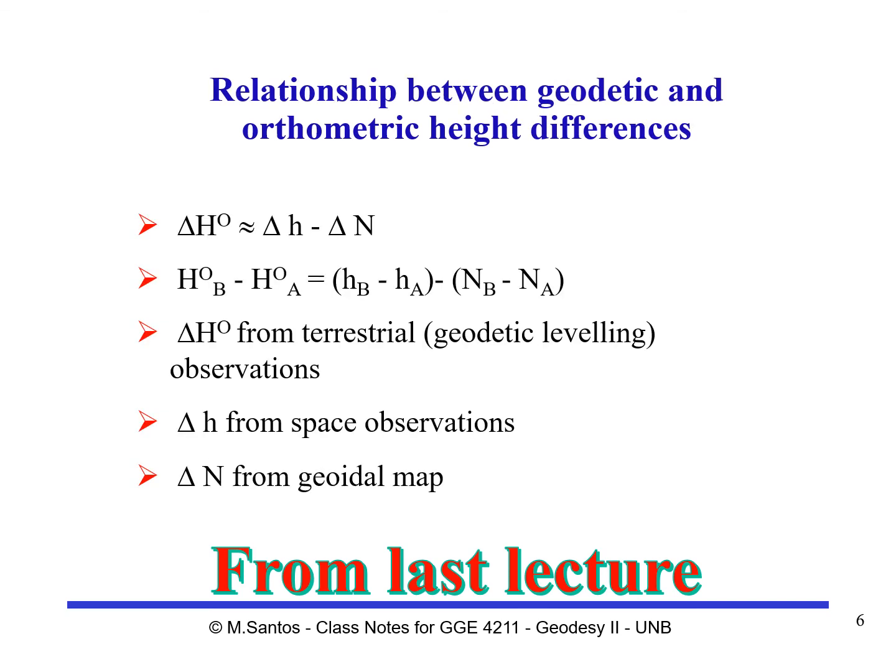We also discussed that we can do that differentially. We can compute the difference of orthometric heights if we know the GPS or GNSS heights, the geodetic heights, between two points, and we have to get the difference of geoidal height from a geoidal map.